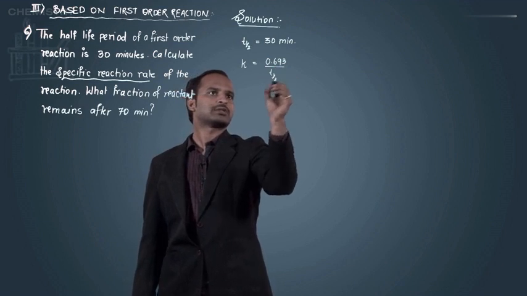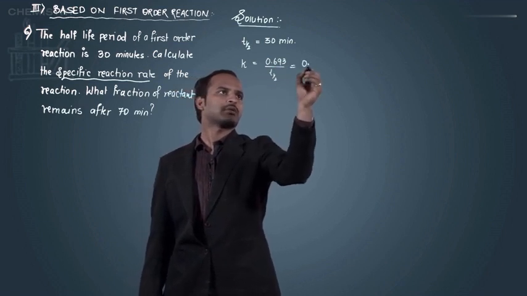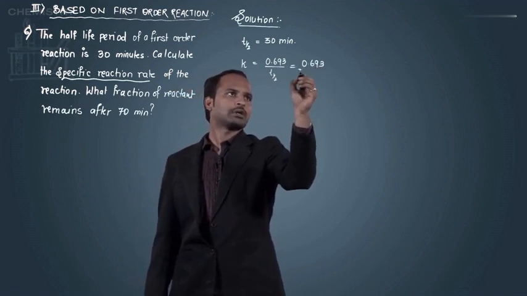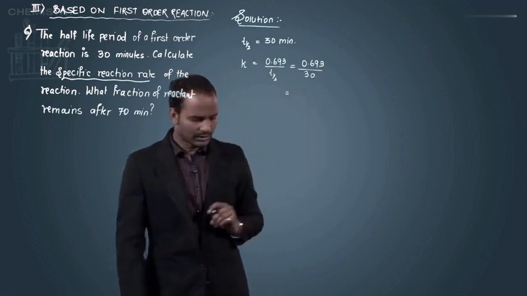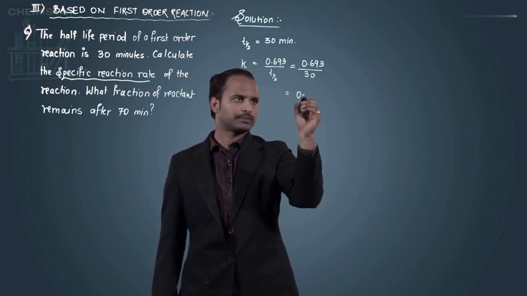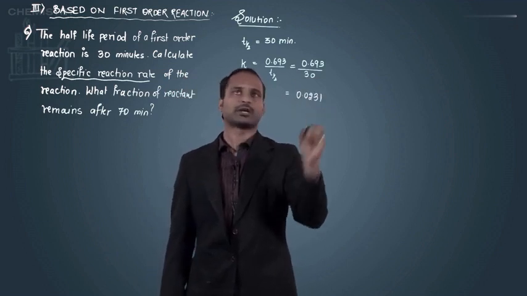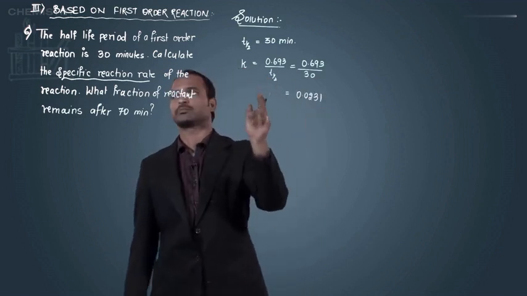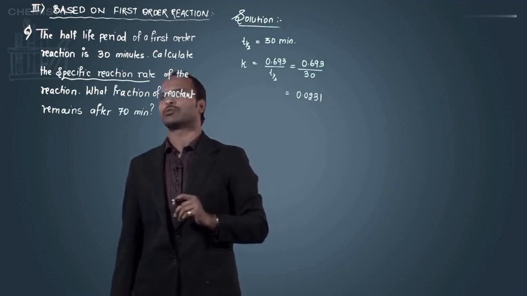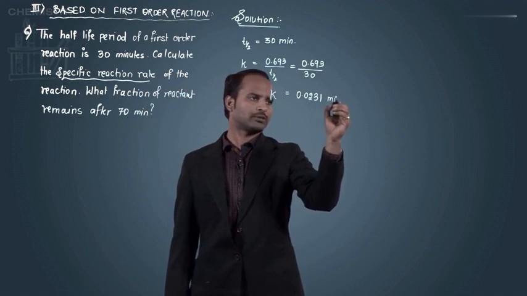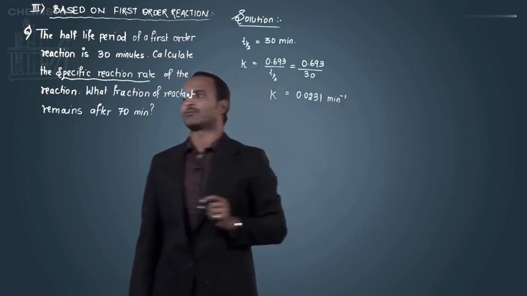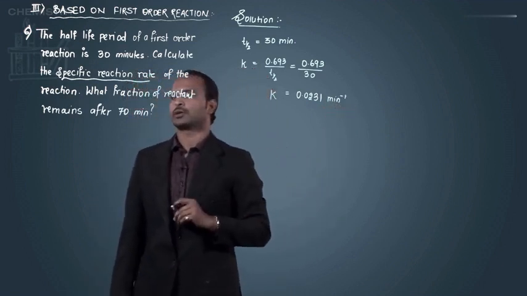That is, 0.693 upon 30 minutes. So the answer is going to be 0.0231. This is the value of K. Being a first order reaction, the unit will be per time, which is minutes, so K is equal to 0.0231 per minute.